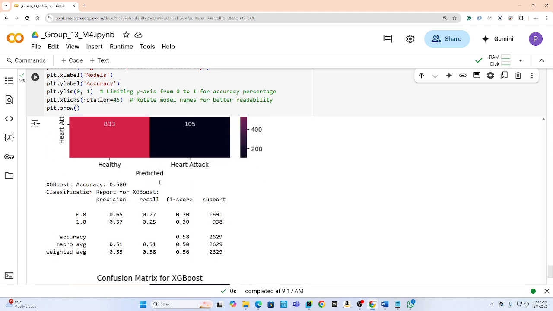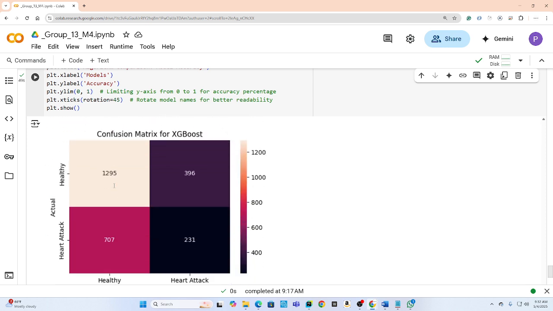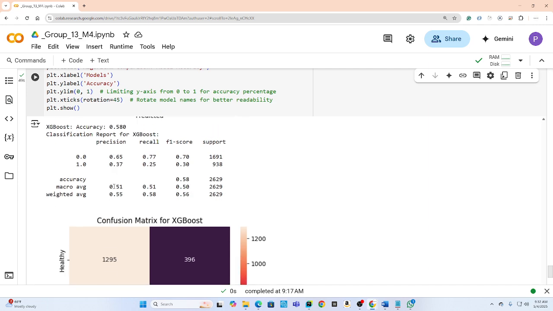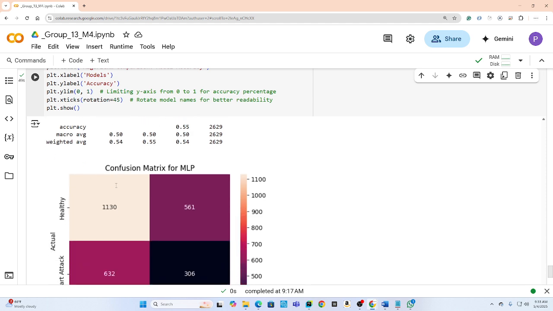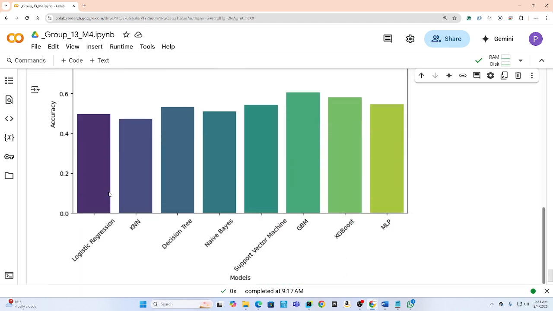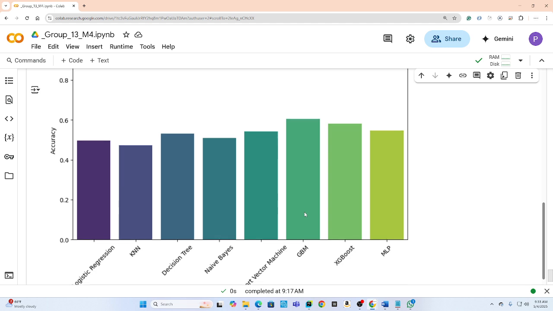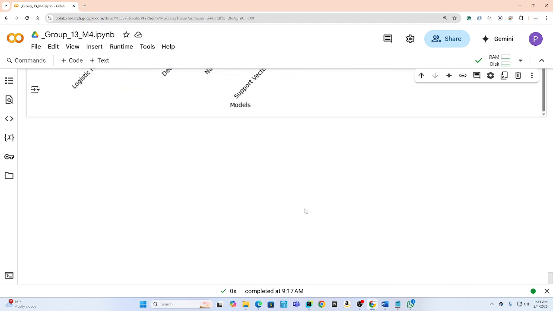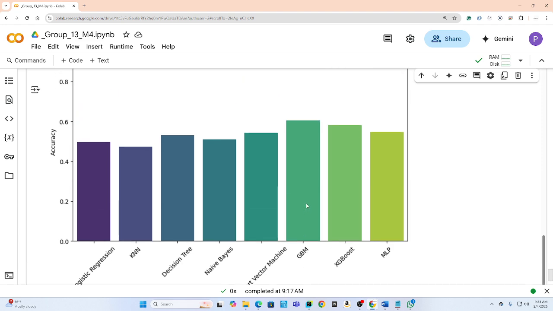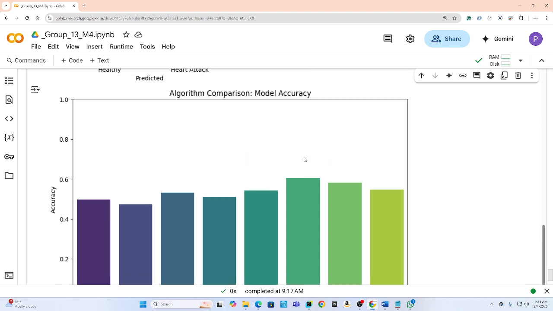And as we go on, we see that XGBoost goes up to 0.58, giving us a much better accuracy than the previous ones. So based on our analysis here, the GBM algorithm gives us the highest performance with this data set that we have. So in plotting the final result, we believe that the GBM algorithm will be the right way to go.